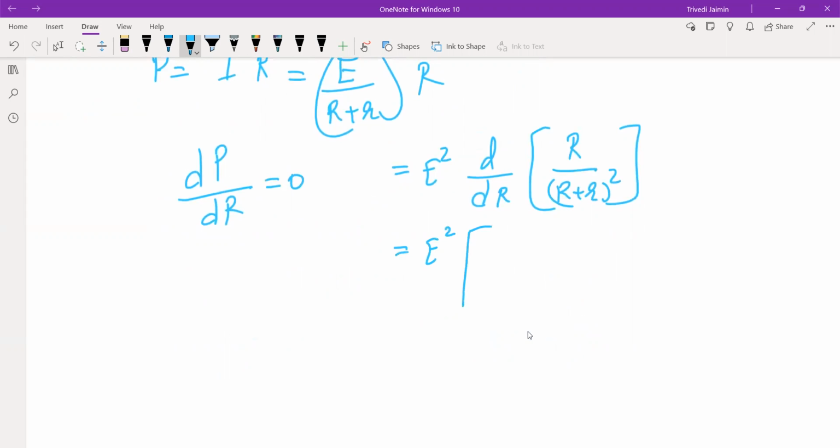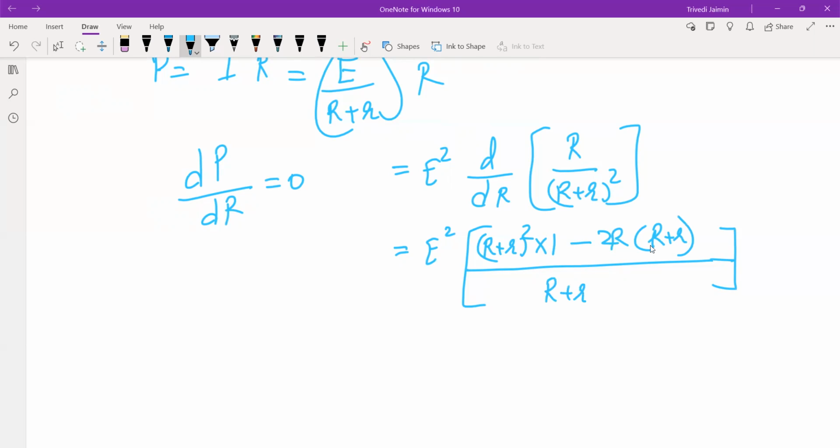Differentiation by U by V form: denominator first, (R plus r) whole square, times differentiation of R which is 1, minus R as it is, times 2 (R plus r), divided by (R plus r) to the power 4, which equals 0.